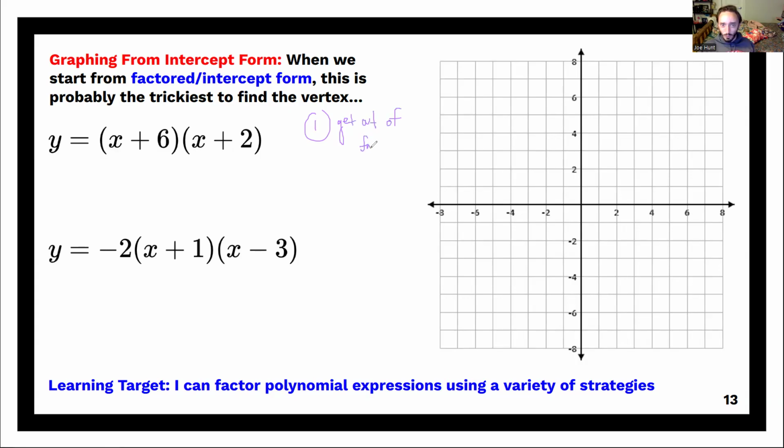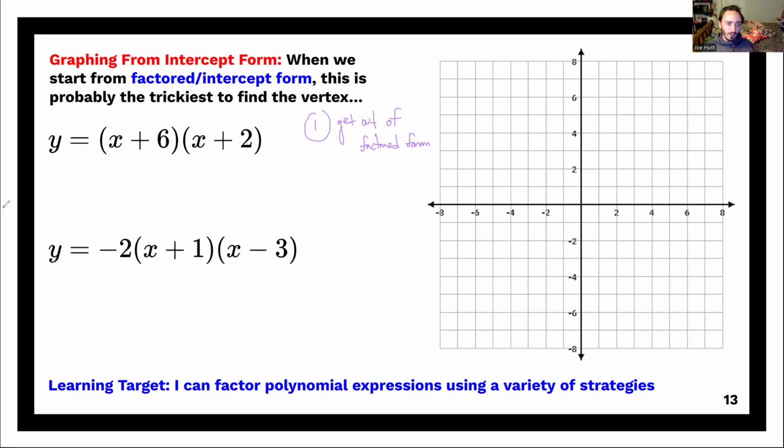Here, factored form is nice for telling you where the solutions of the function are. Those also happen to be the place where it's crossing the x-axis. That's why it's sometimes referred to as intercept form. Other than that, it's not usually very good for helping us pin down where the vertex goes, what the transformations are, and how the pattern of change is.